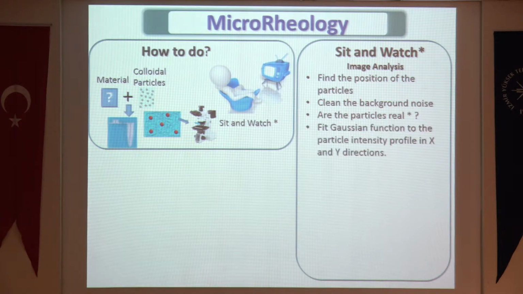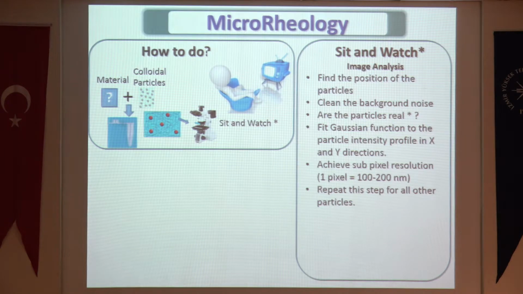And we have to fit a Gaussian function to the particle intensity profile in X and Y directions to achieve sub-pixel resolution. I'm going to talk about why we do this. If you work with a 100x objective, the pixel size will be roughly 100 nanometers, so we need to achieve sub-pixel resolution.